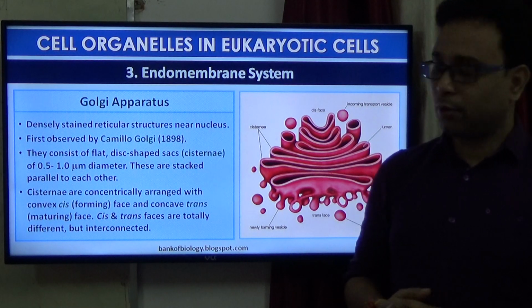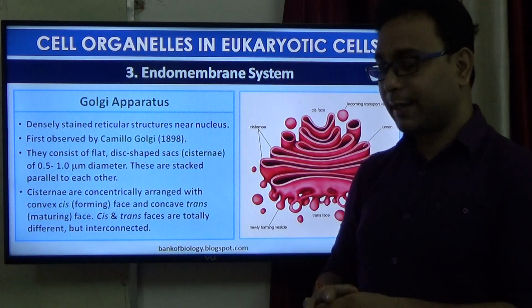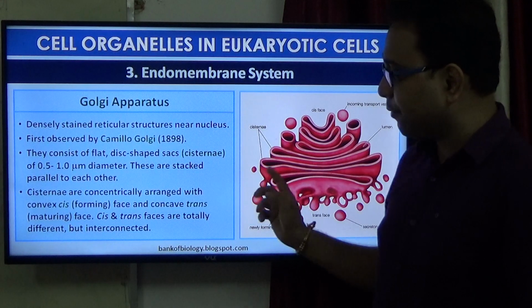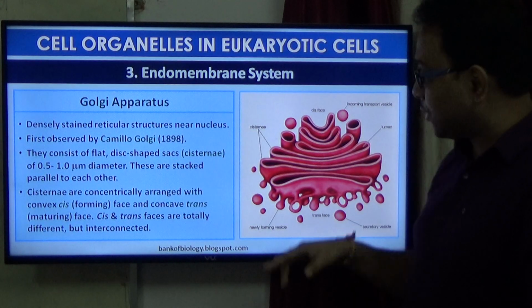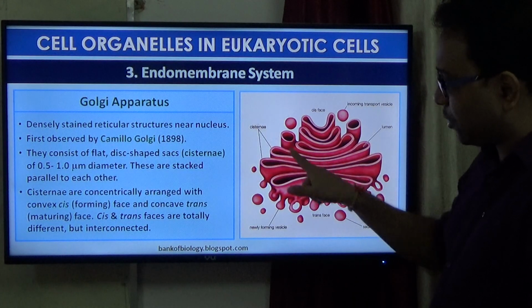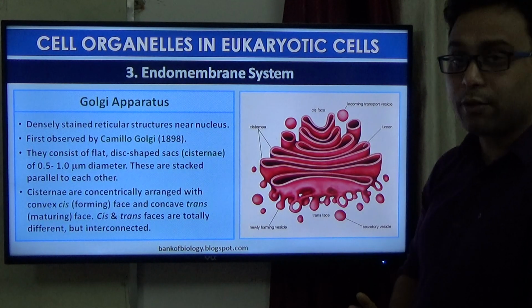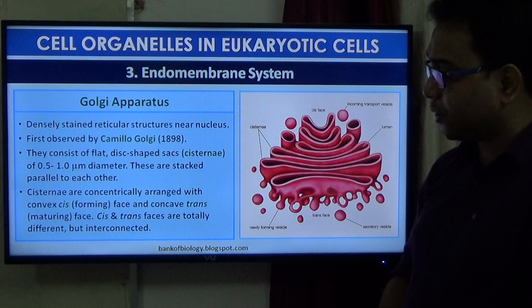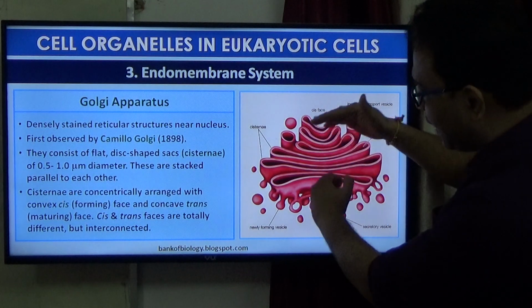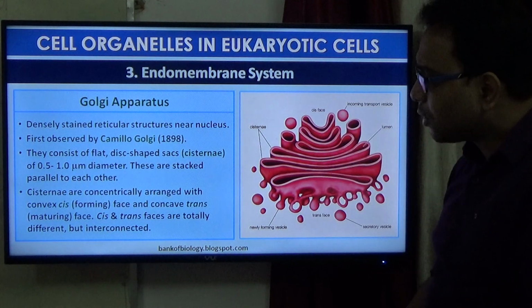Here they consist of flat disc-like structures called cisternae. This one is the cisternae. Their diameter is 0.5 to 1 micrometer. These are stacked parallel to each other, right?